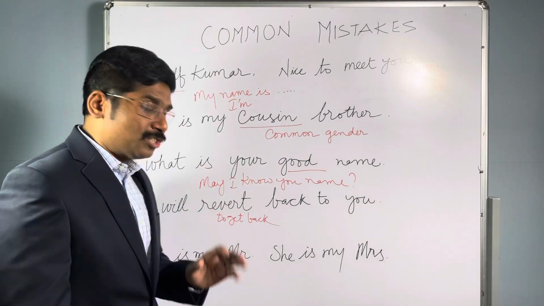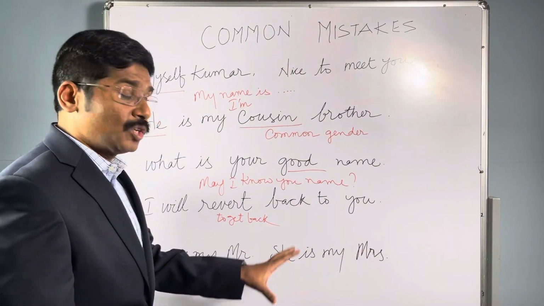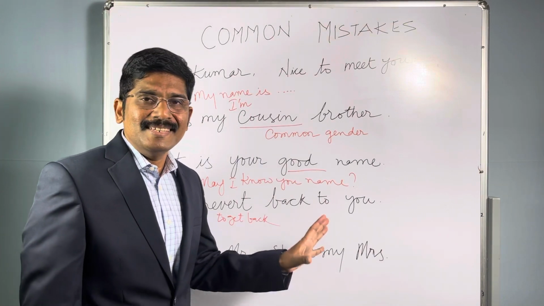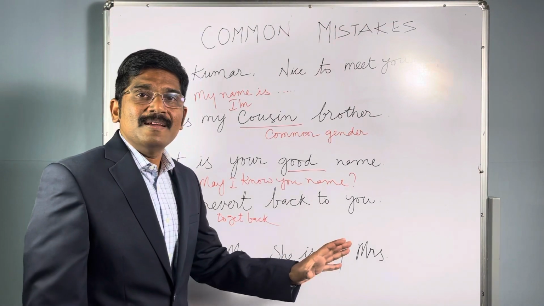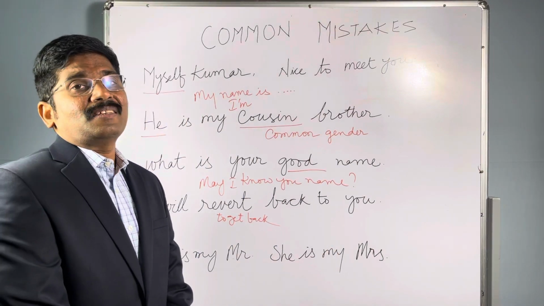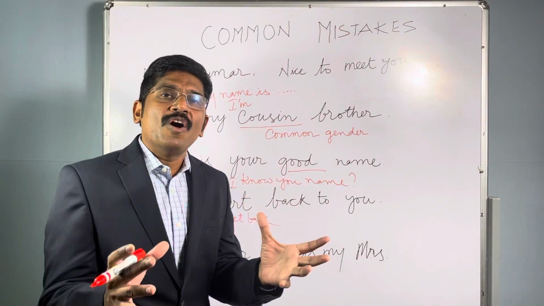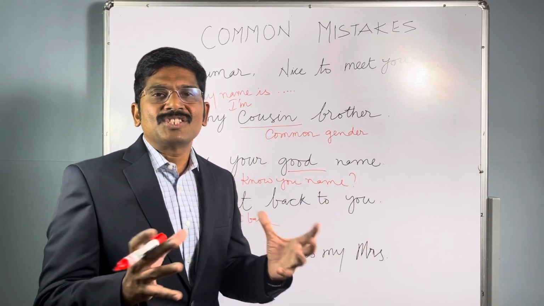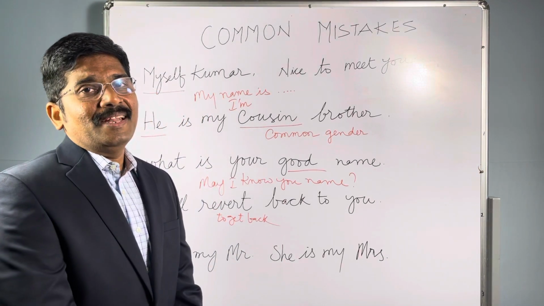He is my Mr., she is my Mrs. This also we use a lot in India, right? So, she is my Mrs. That Mrs. is a short form, a form of honorific addressing of a married woman.